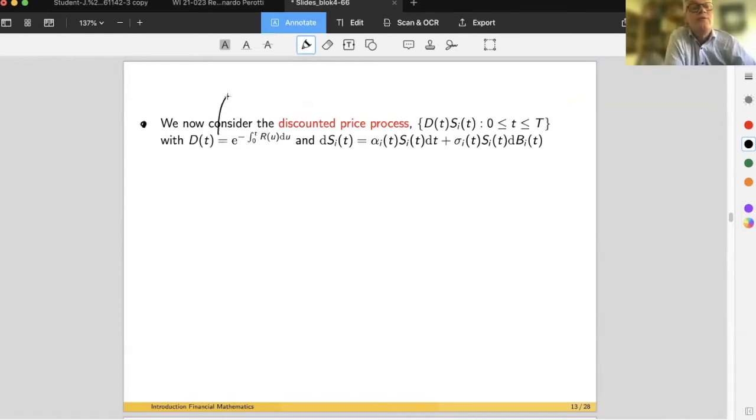You may remember that the change in the discount term is then equal to minus r(t) D(t) dt. So that we will also be using. And of course, remember, this is our price process with the B's here. And later we will change this back to a formulation with W's here.